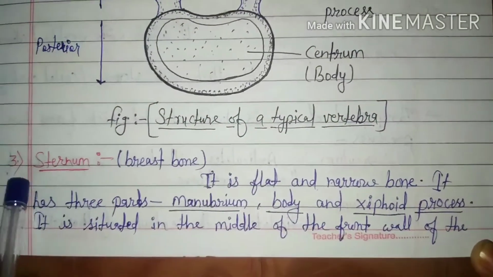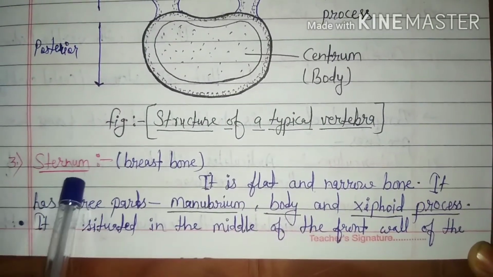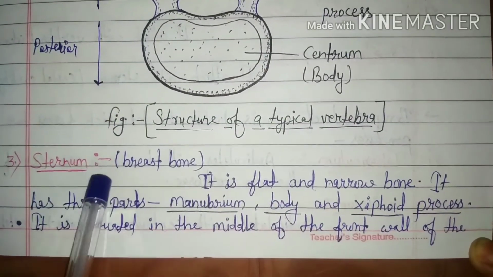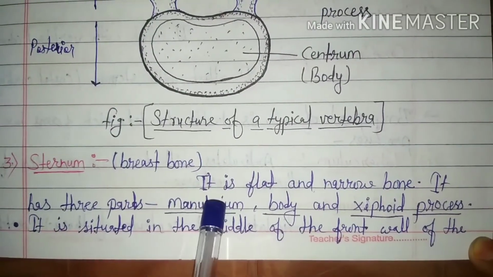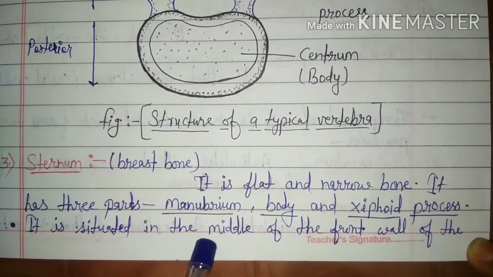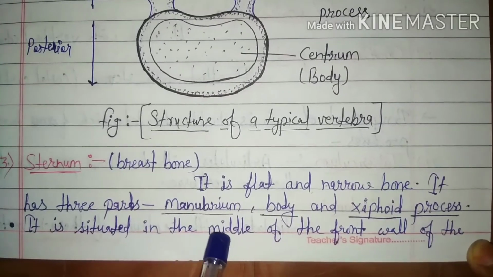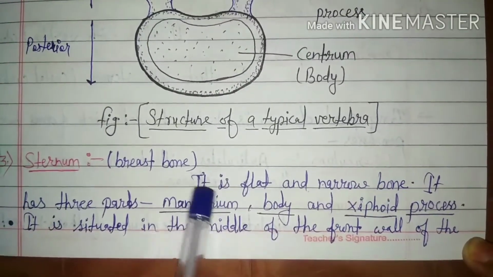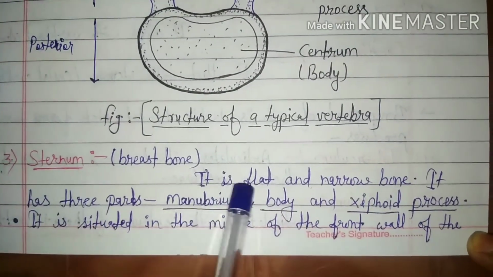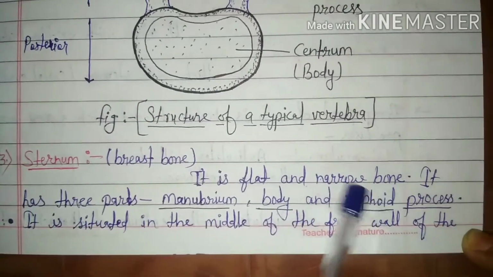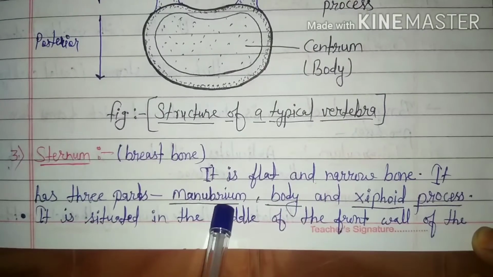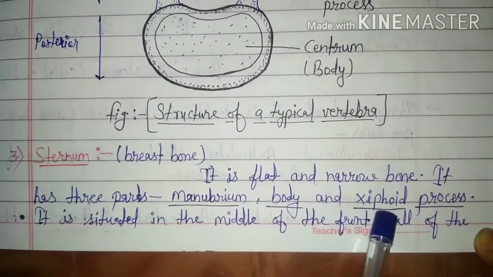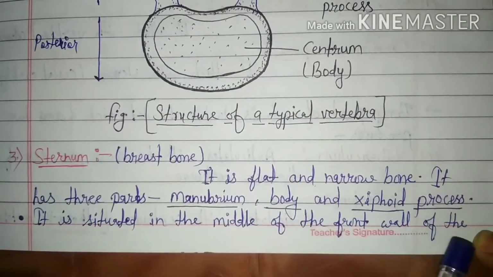Next, third part, sternum. It is also called the breastbone. Location: in the middle of the front wall of the chest. It is a flat and narrow bone and it has three parts: manubrium, body and xiphoid process.